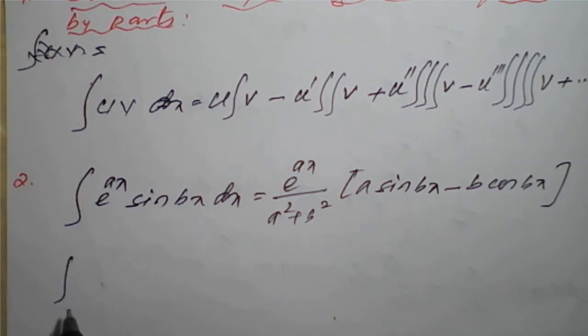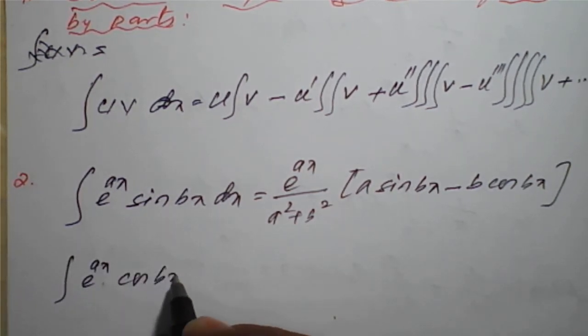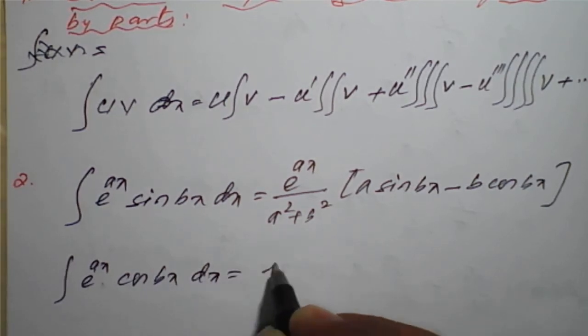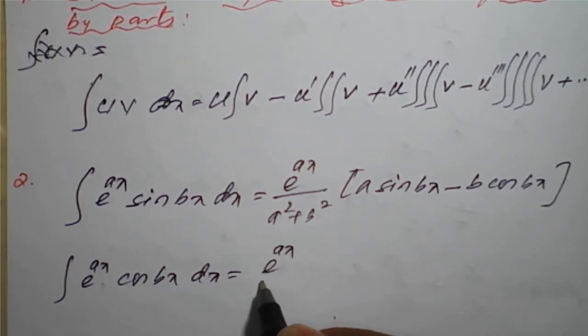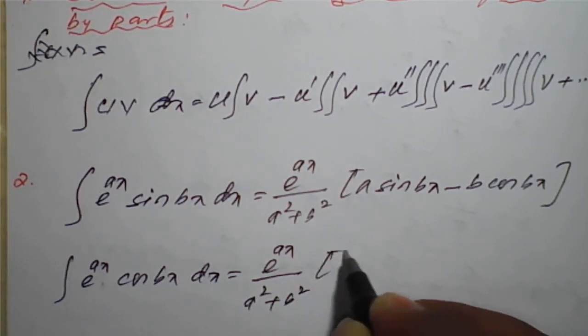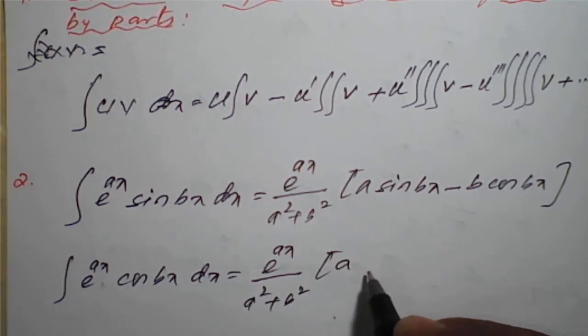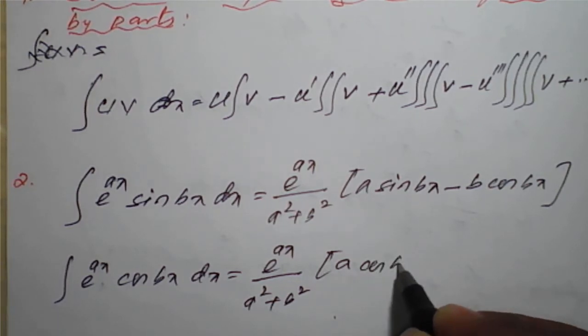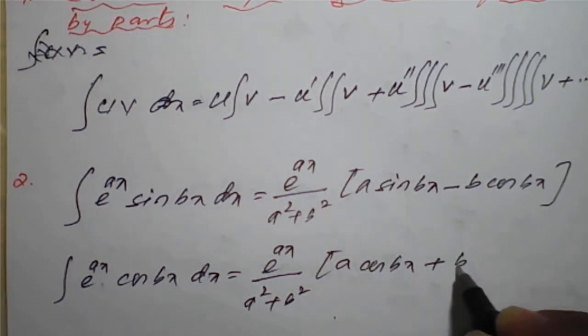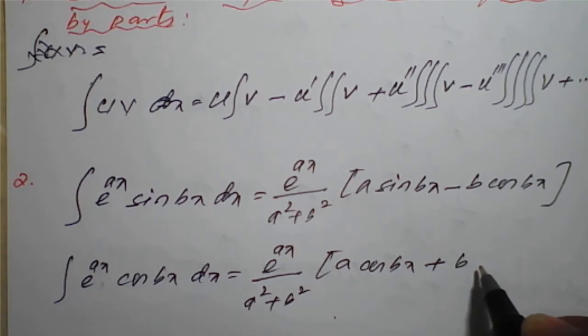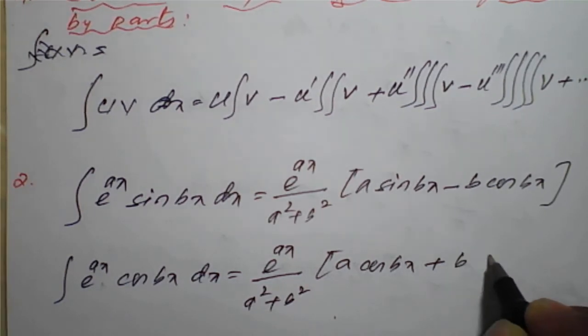Similarly, we have integration of e raised to ax into cos bx dx. The formula will be e raised to ax divided by a square plus b square, into a cos of bx plus b sine of bx.